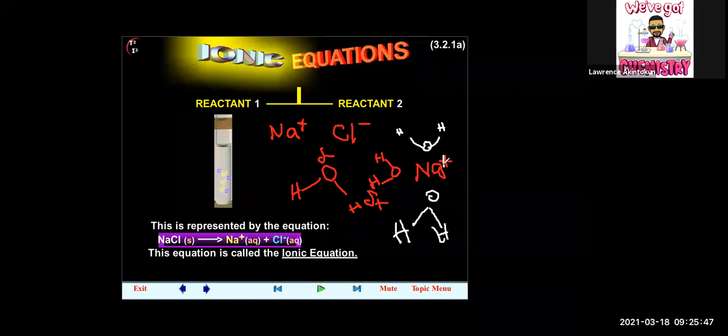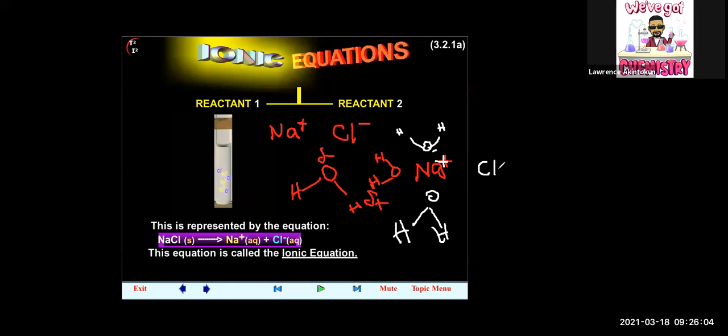This positive ion is being pulled away by the negative oxygen. So all these water molecules will surround sodium and pull it away.